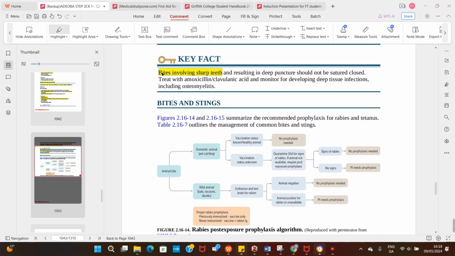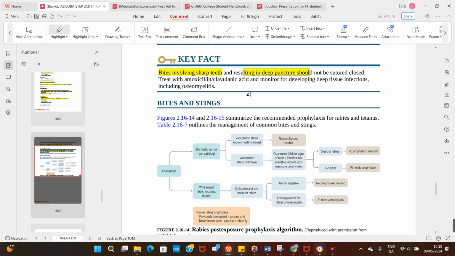So any bite involving sharp teeth or deep punctured wound, you must not close it by suture. So you don't do a primary intention closure. What you do is that you clean, debride the wound, and you leave it to heal by secondary intention. That's what we do for bites involving sharp teeth that usually result in a deep puncture, or wounds that involve the hands and the feet.